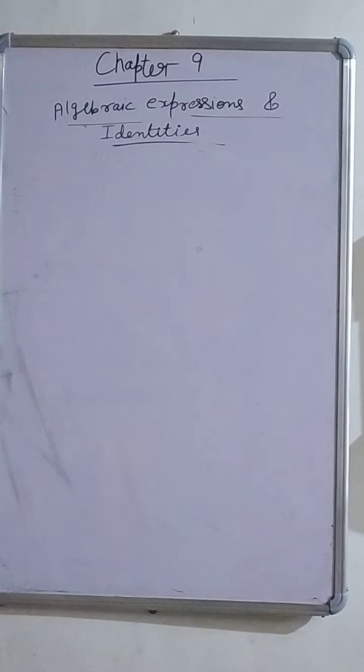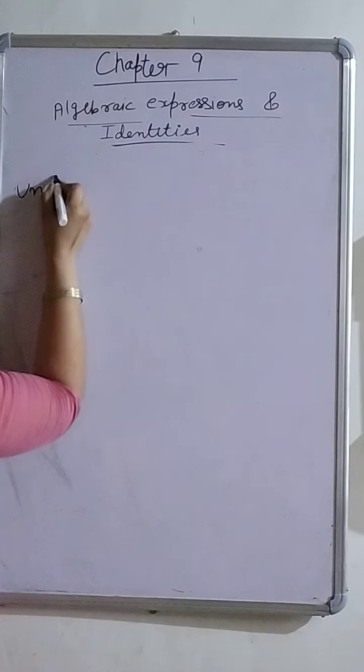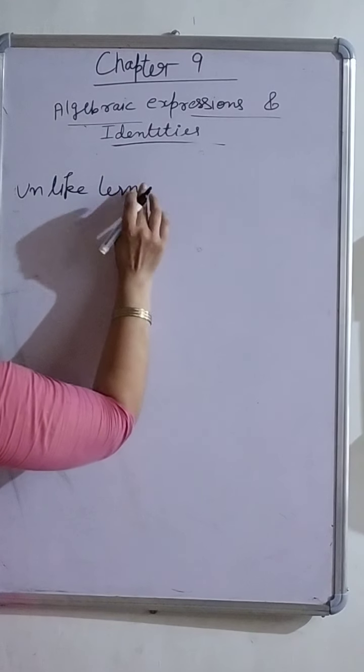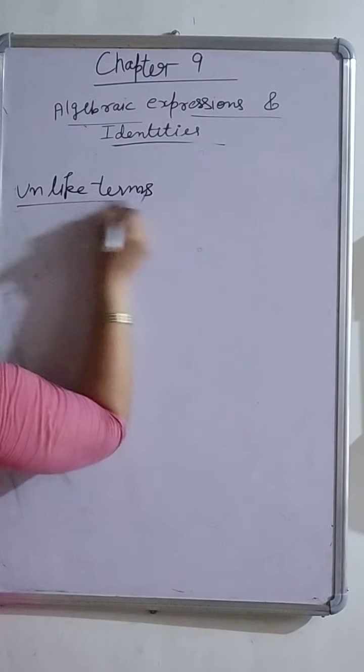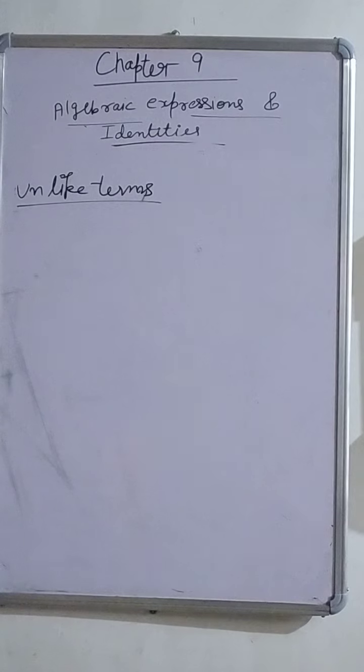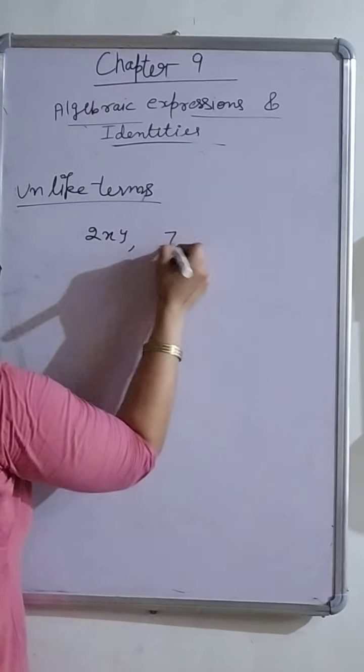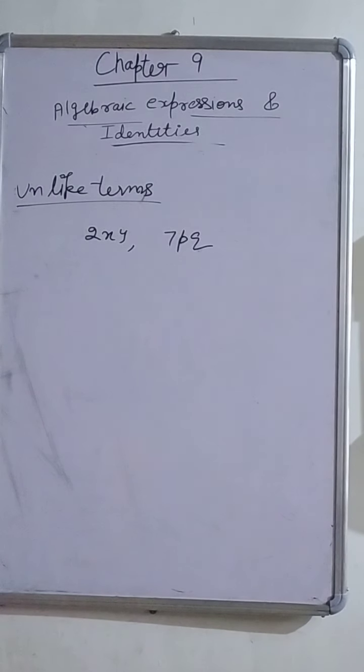Now next is unlike terms. Okay. Unlike terms are those which are not like. For example, 2xy and 7pq.